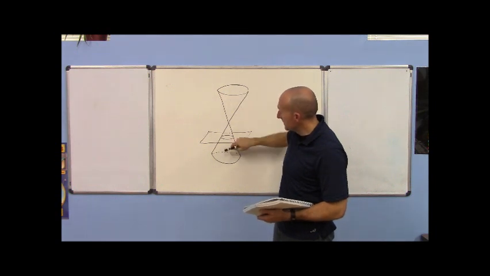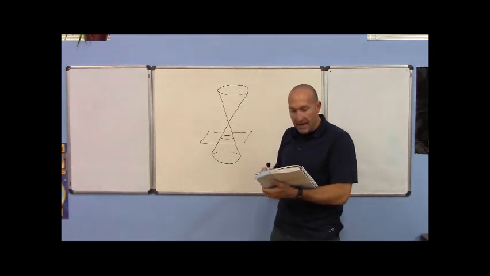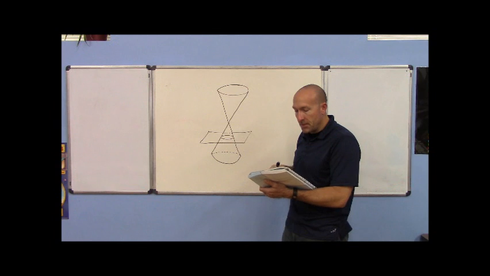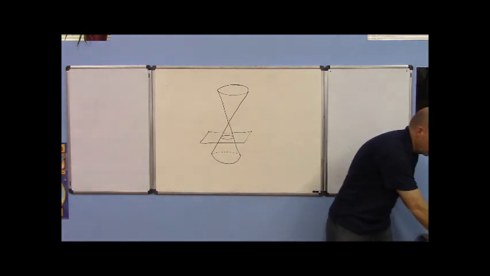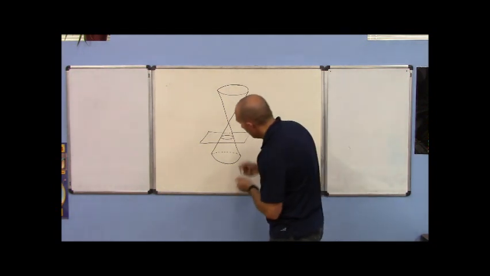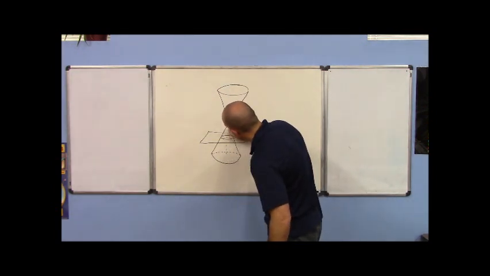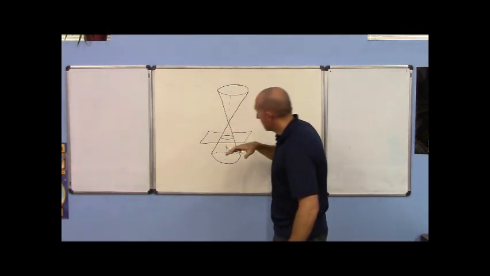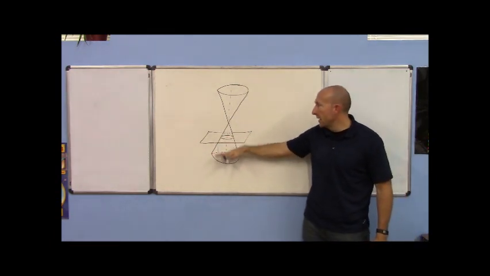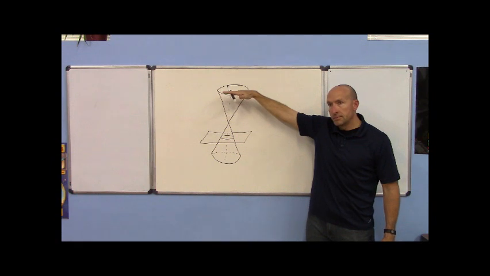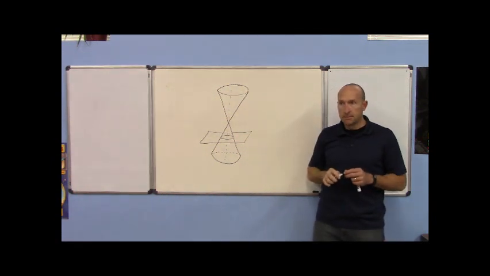That's what this thing is. And a plane that is perpendicular to the axis. So if the axis were to go straight up from the bottom all the way up through the middle, it is perpendicular and therefore parallel to either the base or to the opening. Does that make sense?